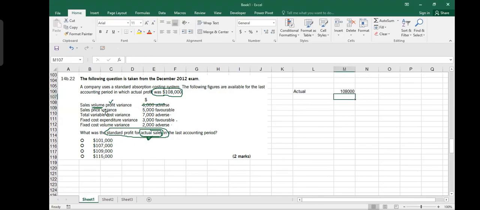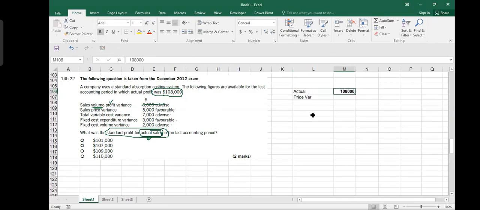Then I have this sales price variance, which is $5,000. Let me write down here, price variance. And this price variance is $5,000 favorable. If it is $5,000 favorable, it means my actual is 108. It is favorable, which means it is more.